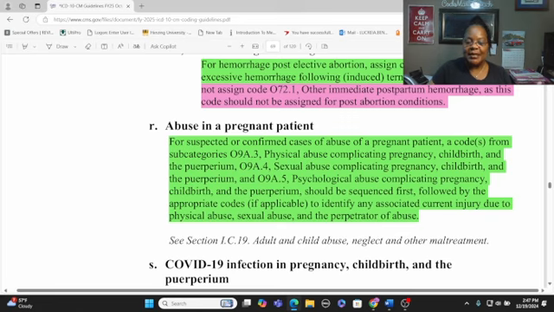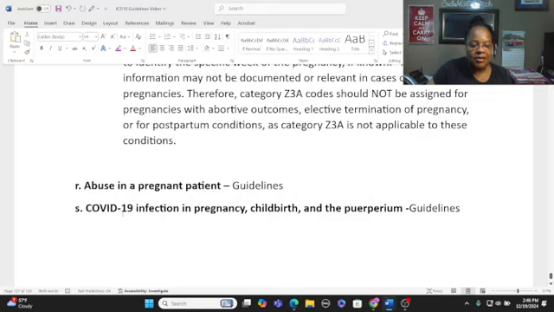And it goes back again, it just tells you to see T74 and T76, adult and child abuse, neglect, or other maltreatment. In pregnancy, we follow the same guidelines. And are we down to S? Yes, COVID-19 infection in pregnancy, childbirth, and the puerperium, straight from the guidelines.